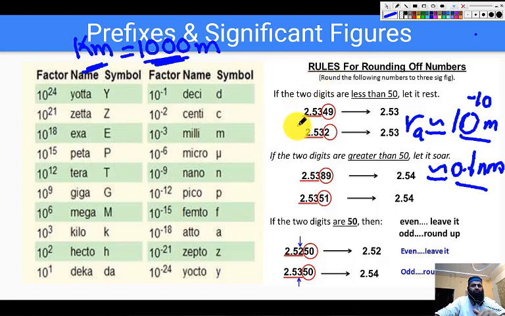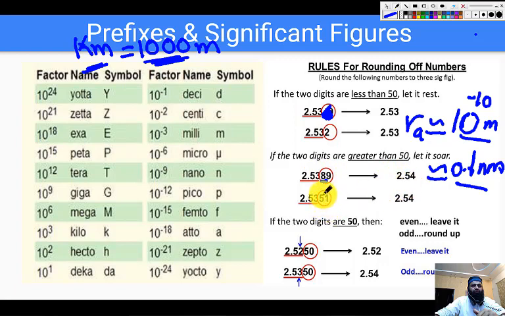When we say that we want to round off a number, for example to 3 significant figures, we just want to take these 3 significant figures. If the next digit is 4 or less than 4, we just remove it and write 2.53. If the fourth digit is bigger than 5, we add 1 to the 3, so that we get 2.54.